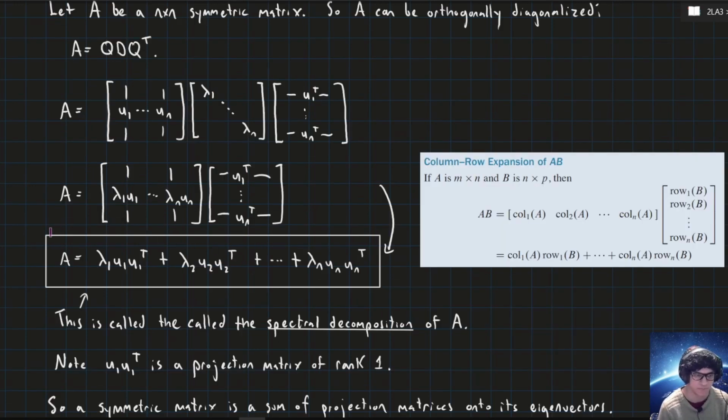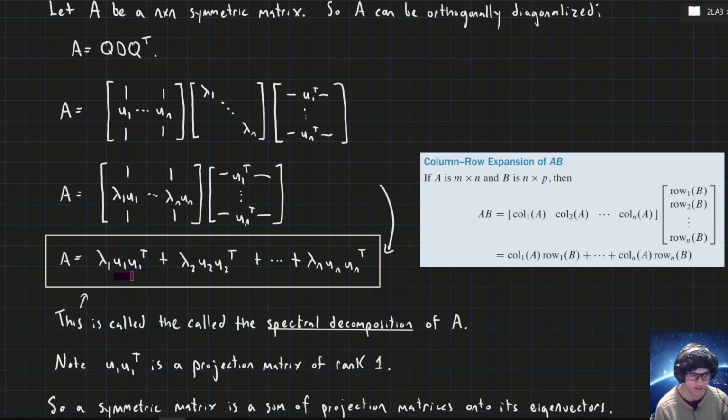So this sum has a special name, and it's called the spectral decomposition of A. The terms here have a special form we should recognize: we're taking lambda 1, a scalar, times u1 times u1 transpose.